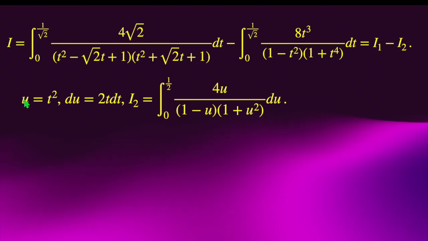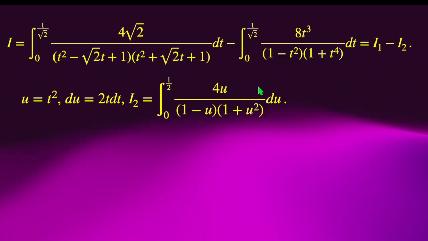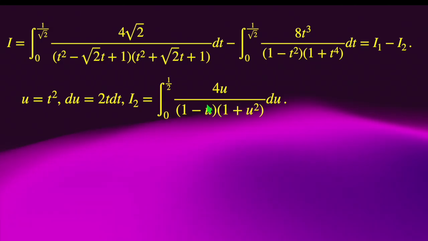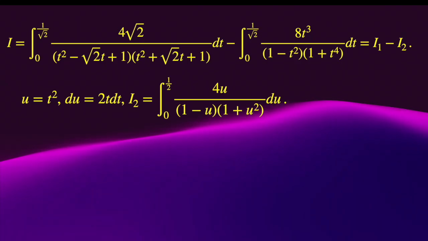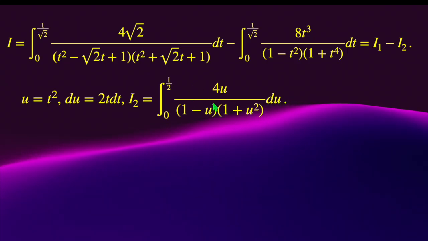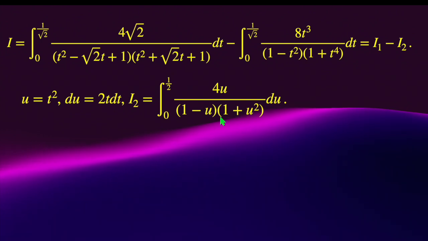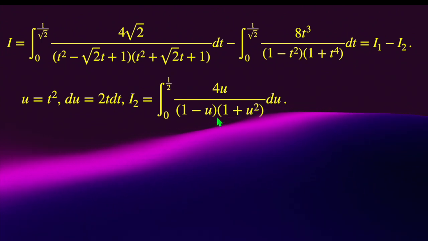If you take u equal to t squared, we get that I2 is equal to this integral. Now it's the integral of a rational fraction. We need to do the partial fraction decomposition of this quantity.